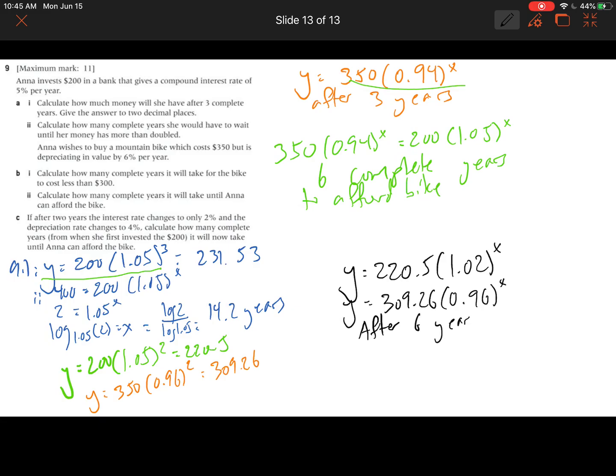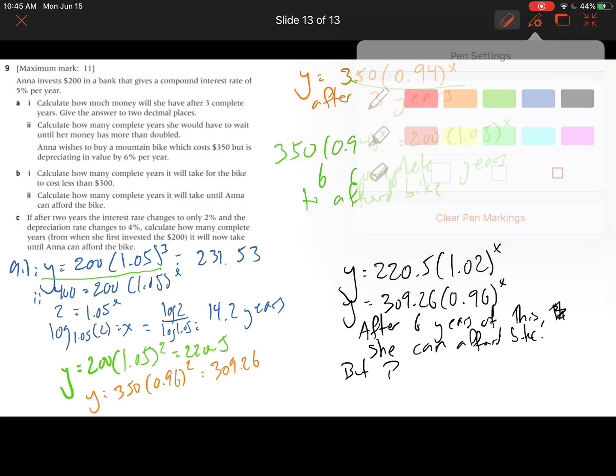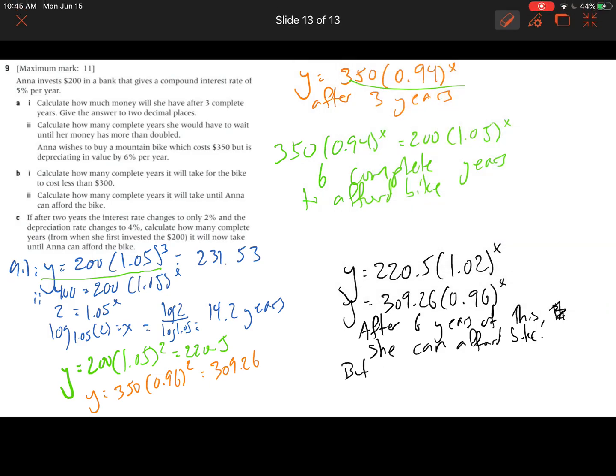So after 6 years of this case, she can afford it. But 2 years have already passed. 2 years passed before we got here. So 8 years.